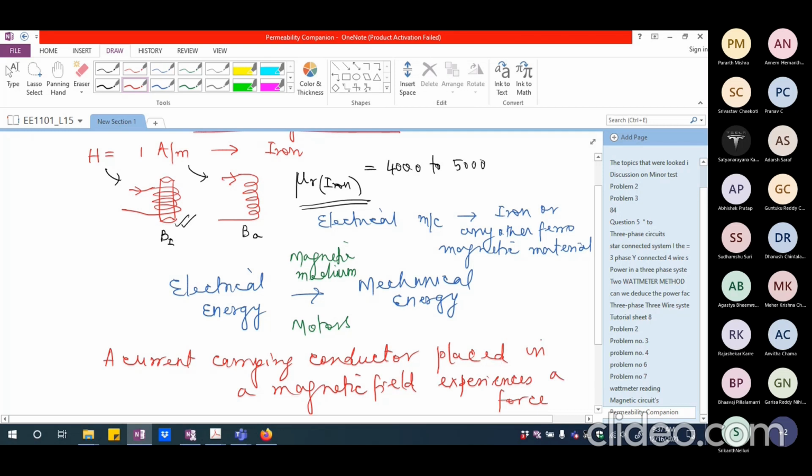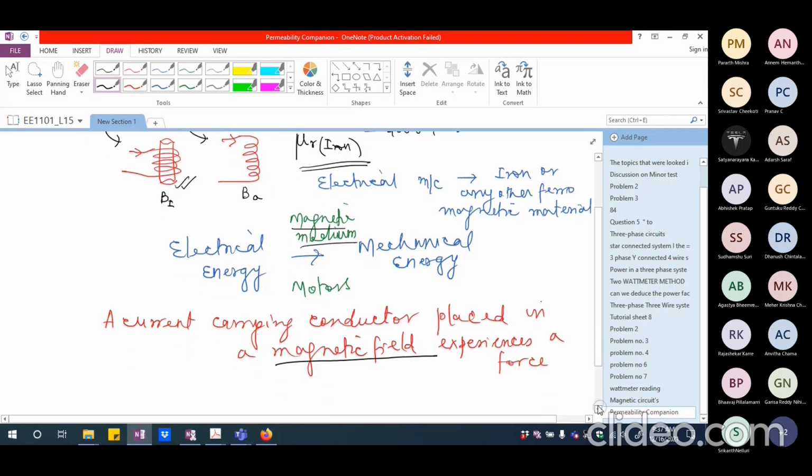So when it is moving, we say that the electrical energy is converted into mechanical energy. That's what we say. And for that, you need the magnetic field. If the magnetic field is not there, this conversion cannot take place. So you definitely need the magnetic medium in between. So this is essentially done in motors.